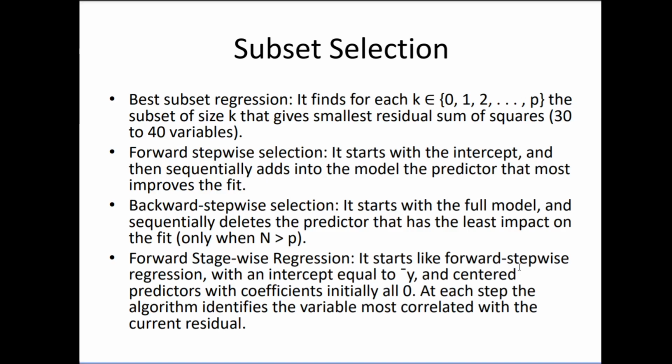And now at each step, the algorithm identifies the variable most correlated with the current residual. How is this different? It is finding the correlation with the current residual. And the previous method was finding which one improves my fit, by understanding which gives me the least amount of change in my metric.